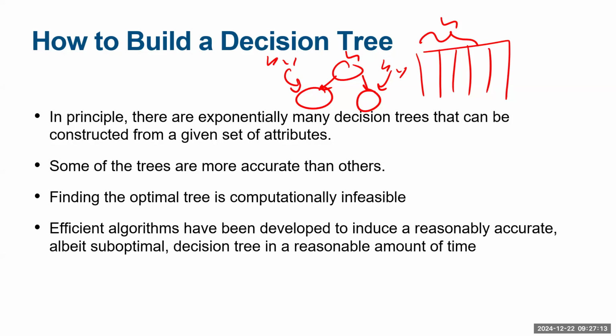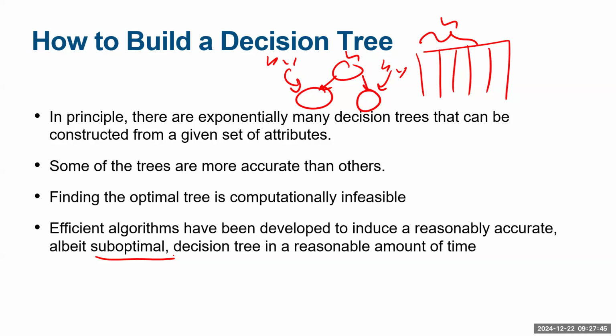Not only is a heuristic easier to do, it's also more efficient. You don't want something that takes a long time to compute. So the decision tree you have is always going to be suboptimal.